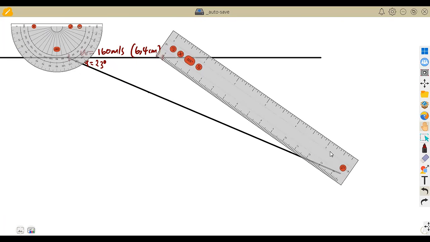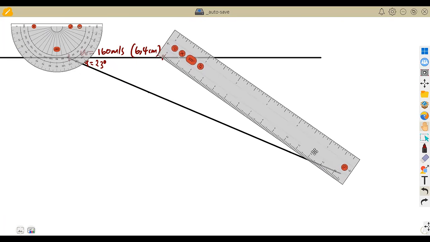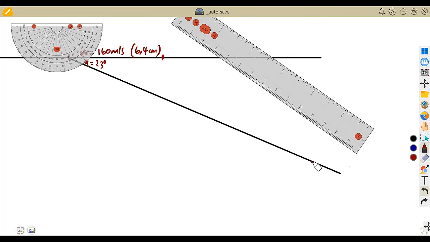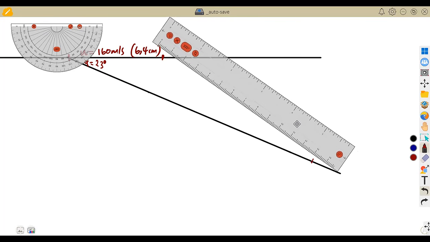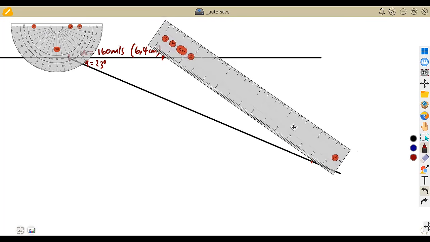I shifted too much here. I'm just going to move this a little bit this way. So this is 12,5; 12,4 can be somewhere here, because my ruler is inside. So I'm just going to mark somewhere there. My 12,4 is along this point here. This is where I'm going to join back to the original point of the blade.